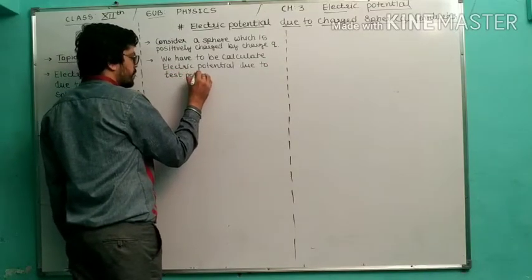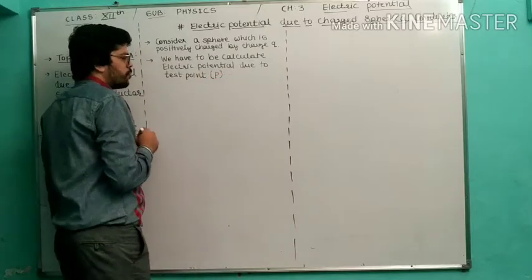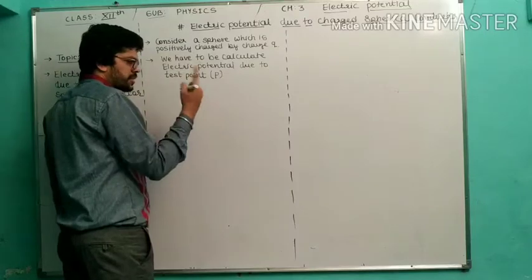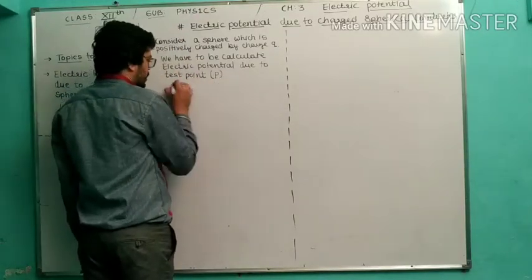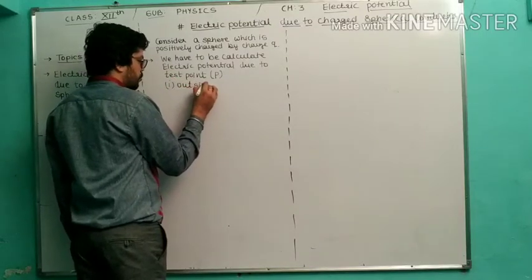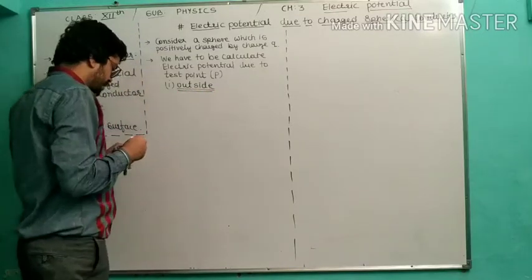Test point means we are going to consider a point, capital P, where we have to find out electric potential, outside, on the surface, or inside. So test point P, number 1, is outside. So now we are talking about electric potential outside.